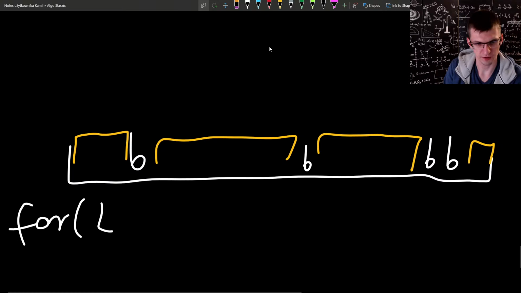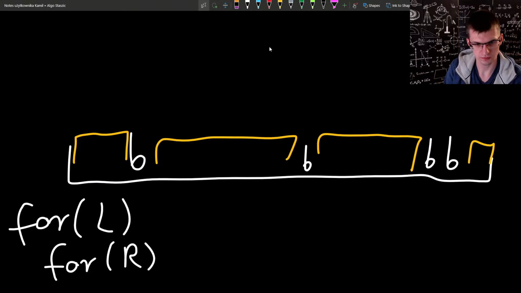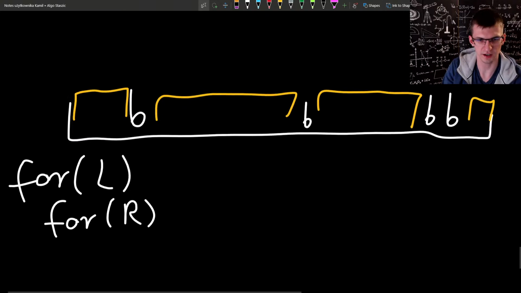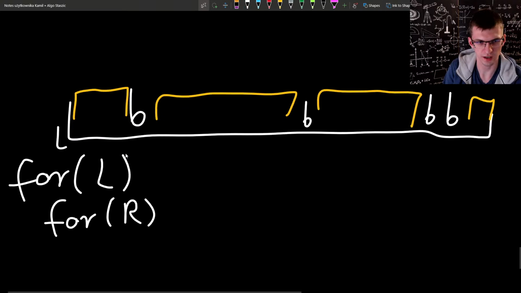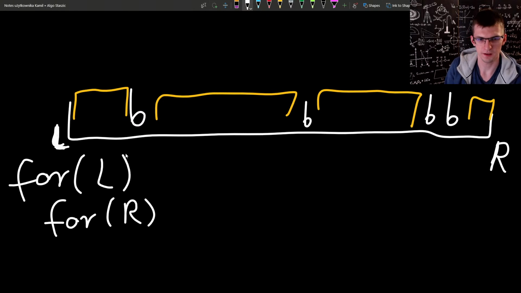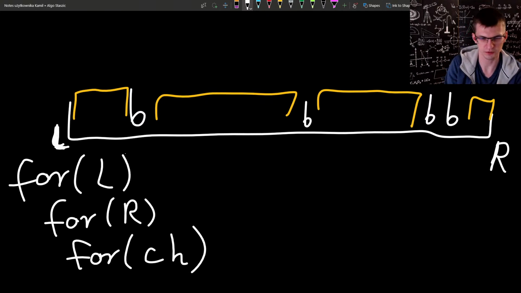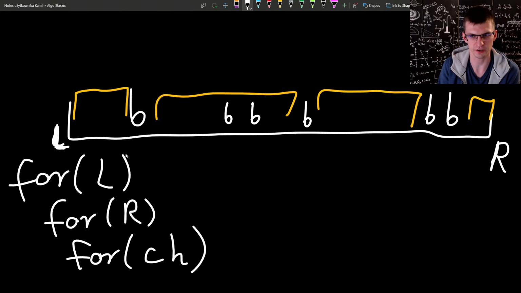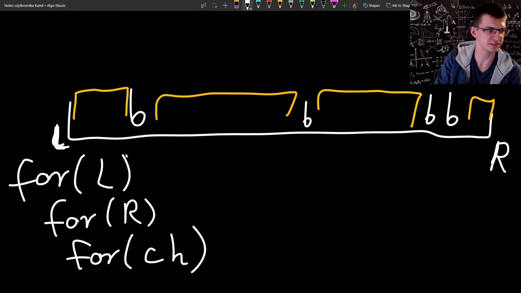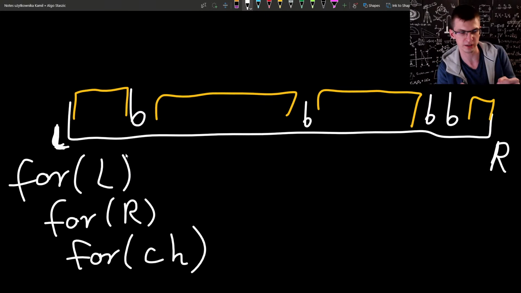pseudo code. For every L, for every R, so now consider that this is L and R, this is L, this is R. For every character, for example, character B, now do those yellow intervals. Remember, B can also occur here. I showed you a counterexample why we cannot just take all the B's and then say that yellow intervals are taken from between them.